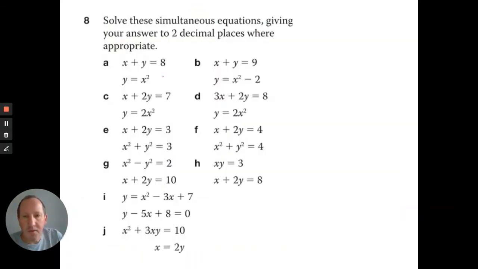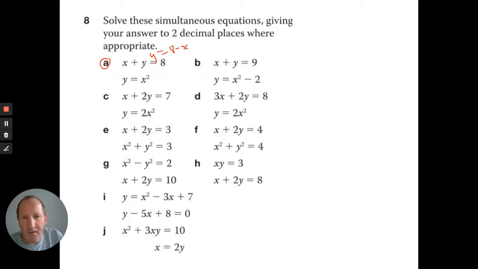I'll look at a couple of these equations and just give you some examples and talk you through them. You could solve this A by doing some graphs. You can take x away from both sides and create the equation that y equals 8 minus x. And then also draw the graph of y equals x squared. You'd get a straight line graph and a quadratic that are crossing in two places. Or you could solve it by substitution.